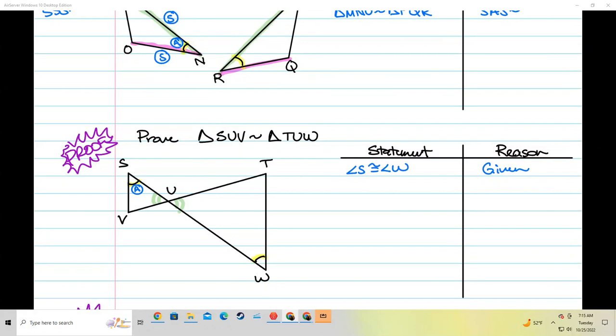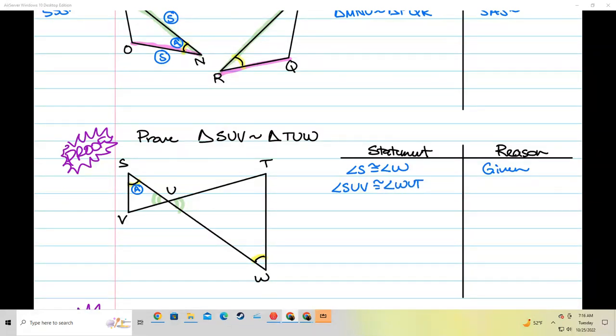So I can go ahead and say that angle SUV, sorry, that was a really weird U. Angle SUV is congruent. Now, when I said SUV, I went yellow, green, and then blank. So I better do the same thing over here. I'm going to start at the yellow. That's going to be angle WUT. How did I know that those were congruent?